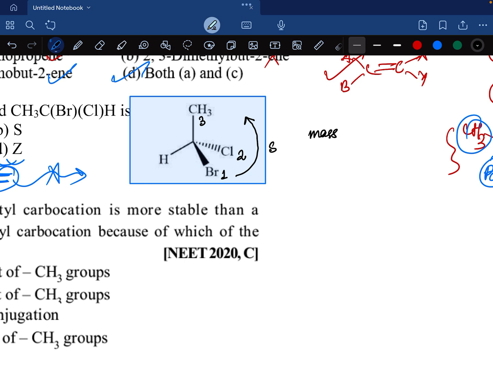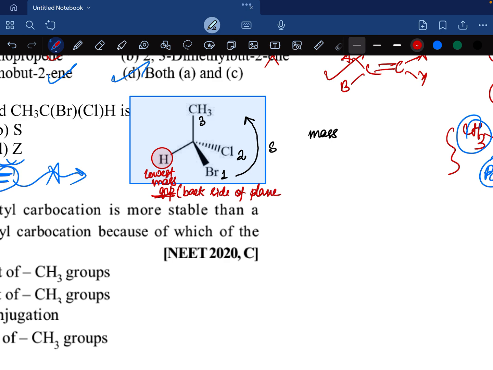But there is a twist in this case. What is the twist? This H, the lowest mass group, should be present on the back side of the plane for assigning configuration. How do we know something is on the back side?